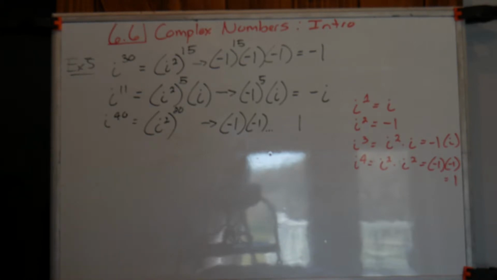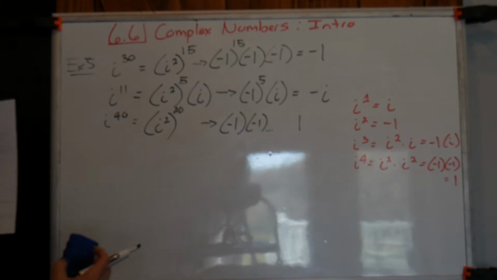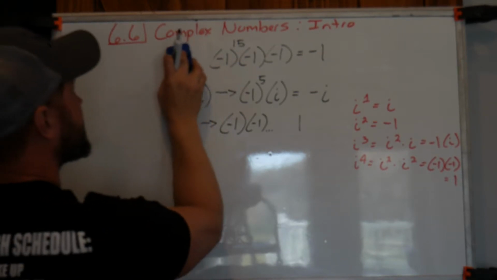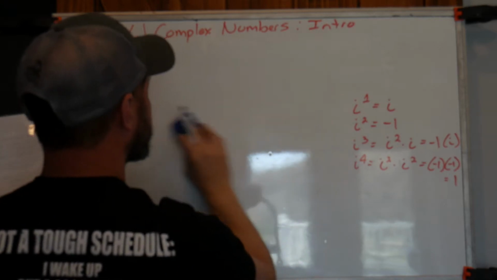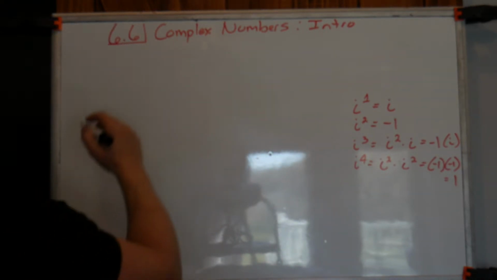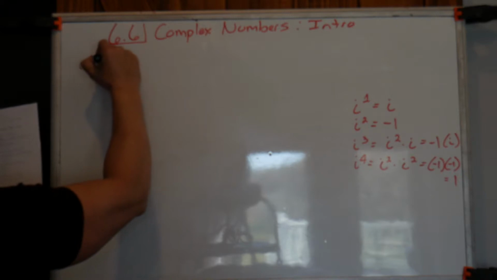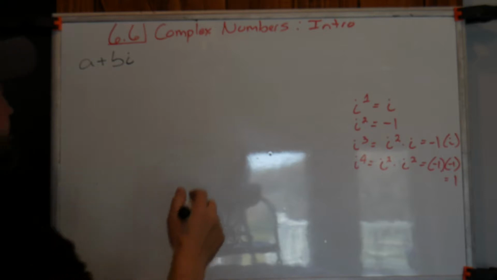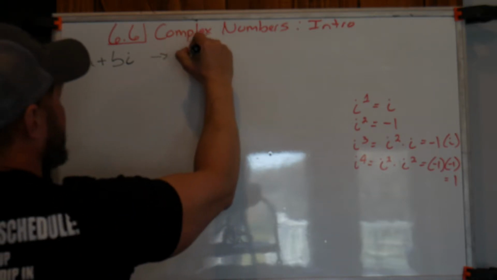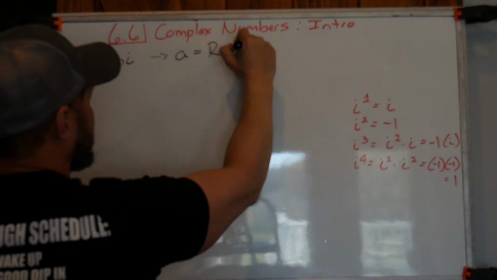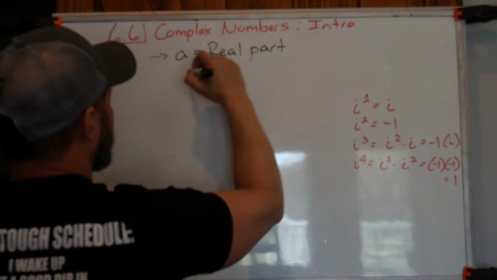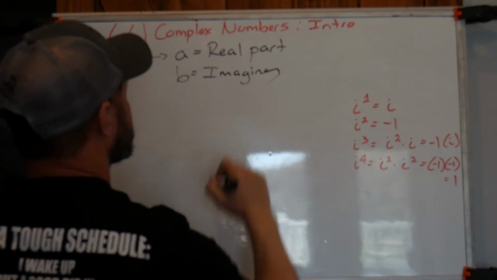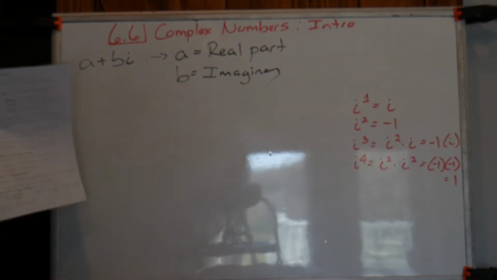Okay? Now, they move to our next idea, where they give us a complex number, how they can write it out with a and b involved, some variables involved. And they say the complex number is a plus bi, where a is the real part, and b is the imaginary part. a plus bi.